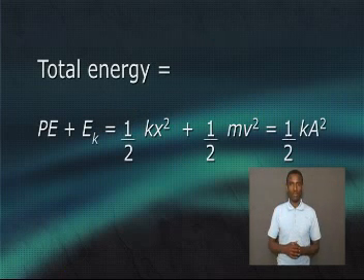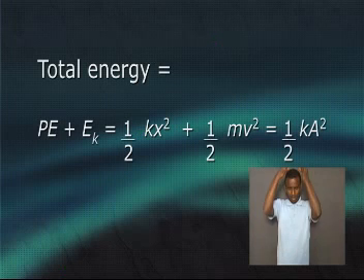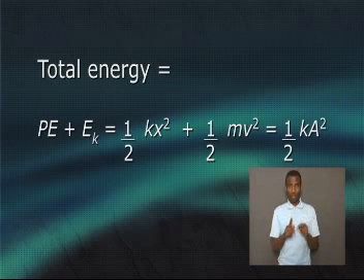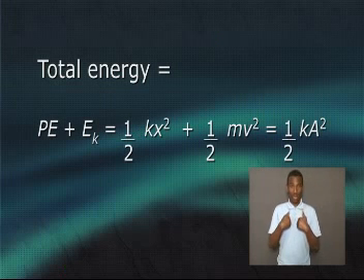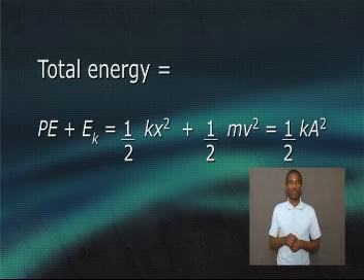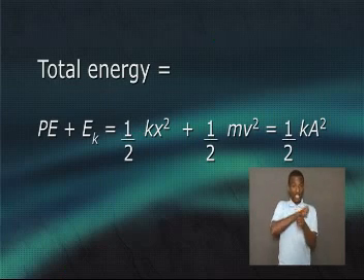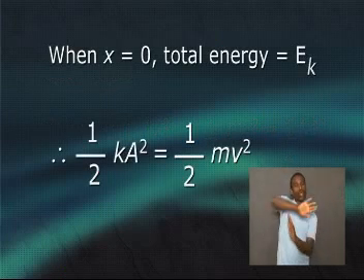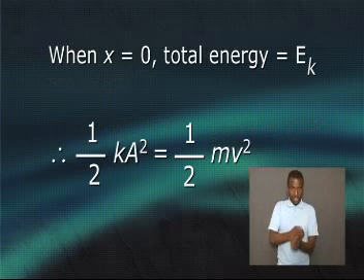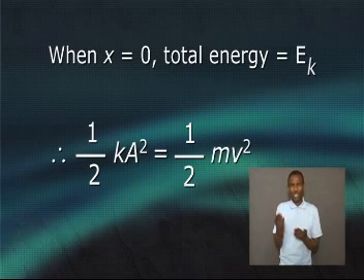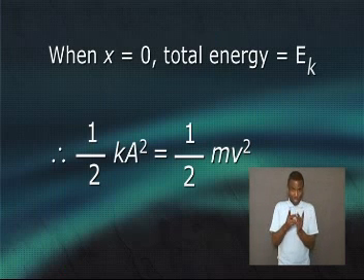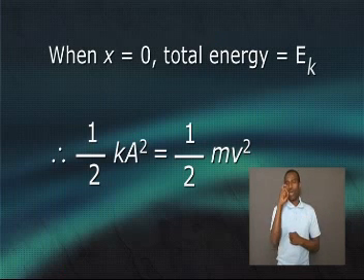Now that we can determine the potential energy and the kinetic energy of a system in SHM, we can find the total energy by adding these equations together. When an object is passing through equilibrium, its displacement is 0, which means that x equals 0.